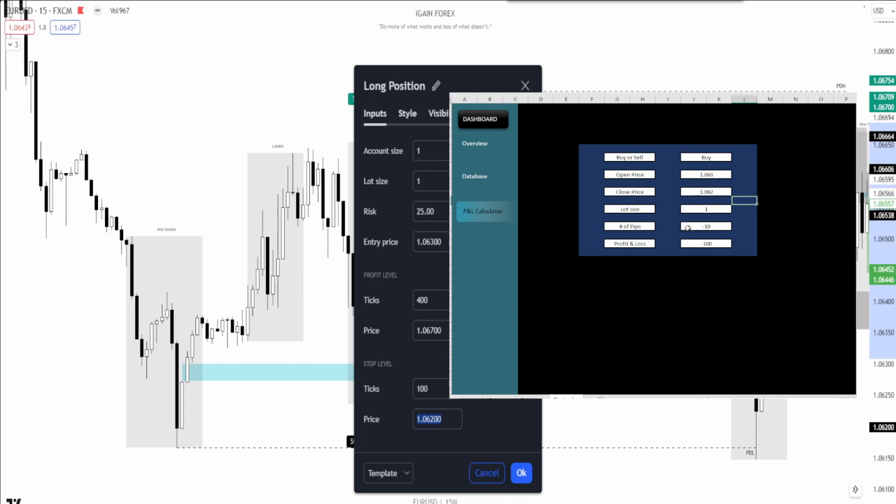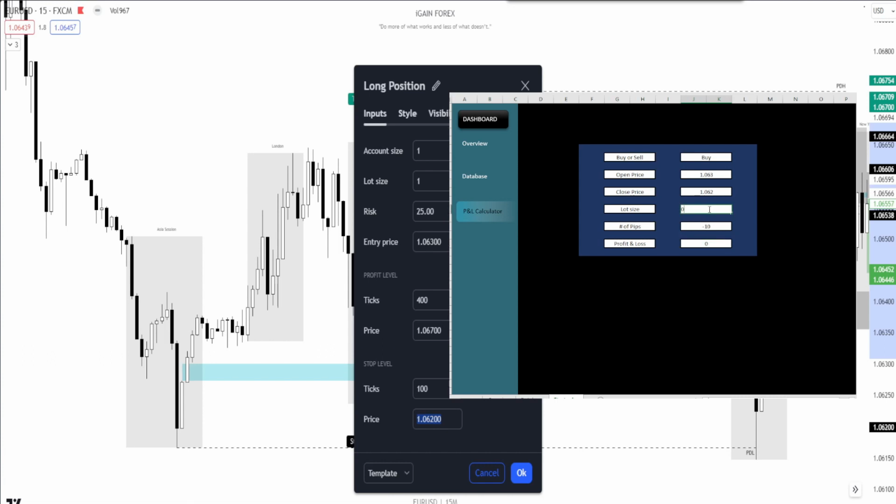And then how I calculate my loss is with this lot size. Let's say our risk tolerance is only 1 to 3%. So we just adjust our lot size based on the number of pips of our stop loss. For example, we are looking for a profit or loss of around $10 or $30.